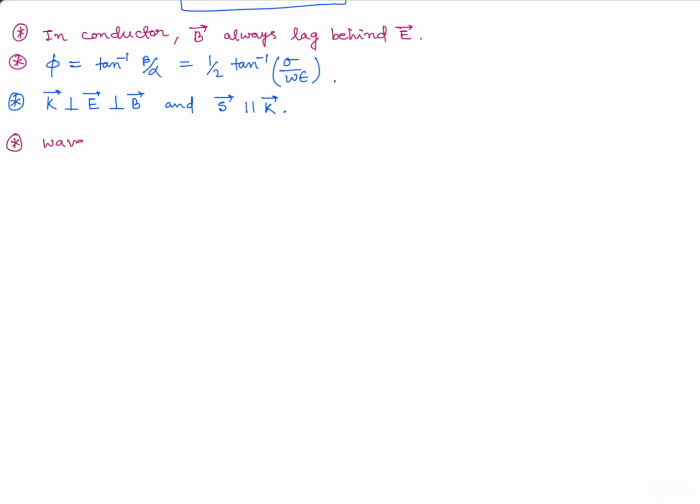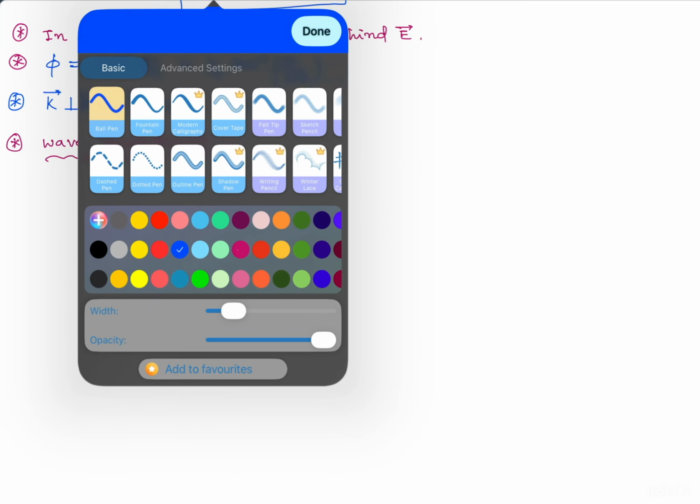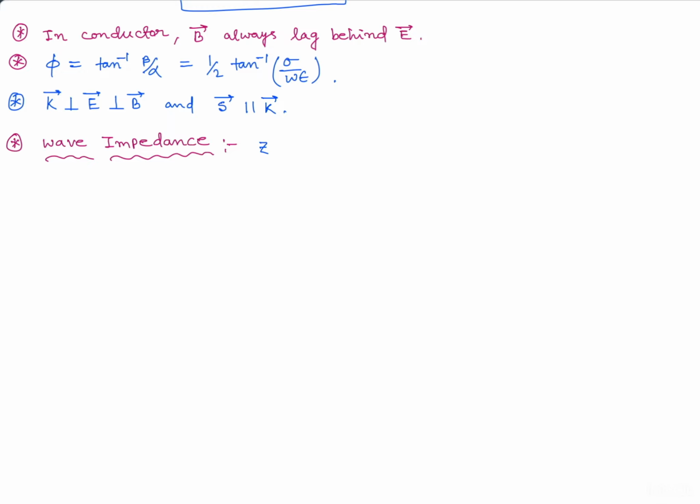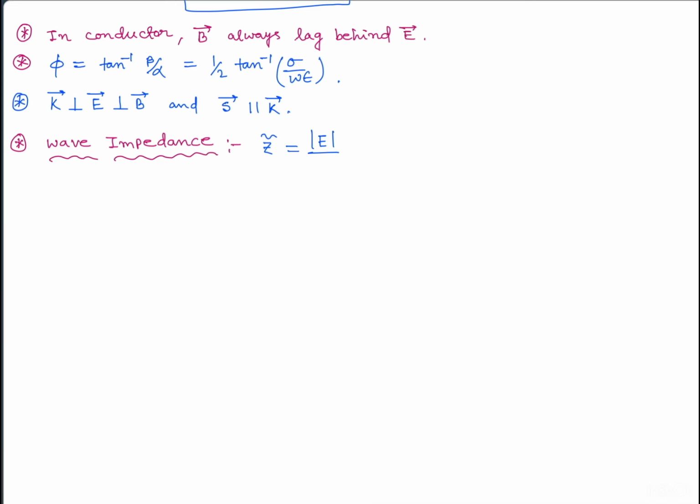Wave impedance Z equal to E by H. This is equal to Z0 e to the power minus i phi.